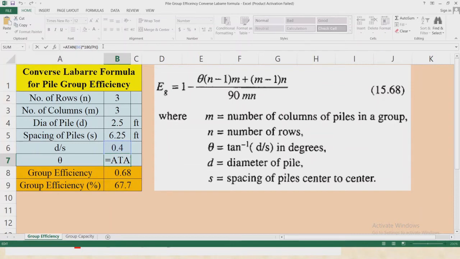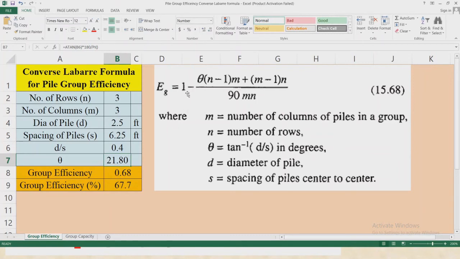Now if I do not multiply by 180 divided by pi in brackets, then this equation will give me the answer in radians. I am interested in finding the answer in degrees, so I will multiply by 180 divided by pi in brackets. This will give me a value of theta which will be equal to 21.80.